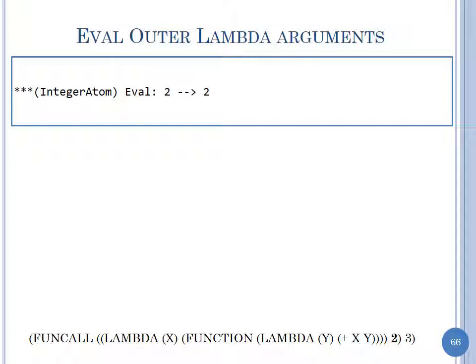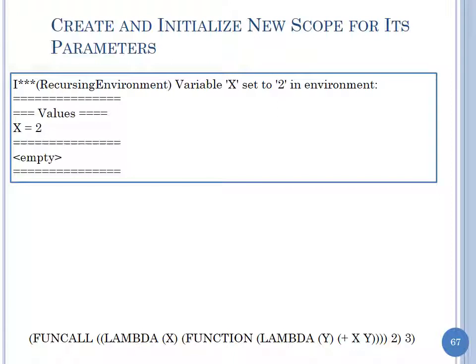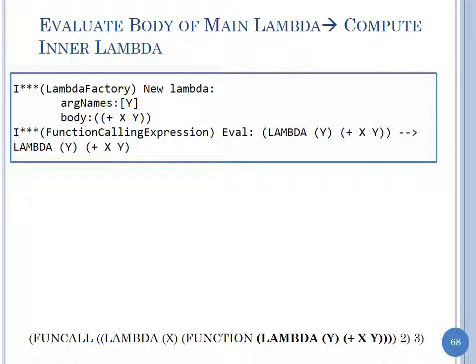Now we can evaluate the outer arguments. So we eval 2 to 2, and that 2 has to go somewhere. That goes in a new environment on top of the global environment. So x is assigned 2. So that's good. We've captured this value. Then we evaluate the body of the main lambda, and that involves first creating the inner lambda. Before we can return the inner function, we have to compute the inner lambda.